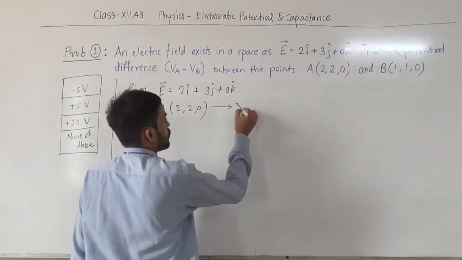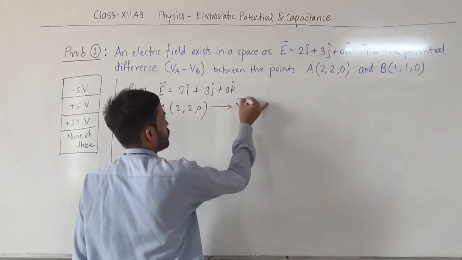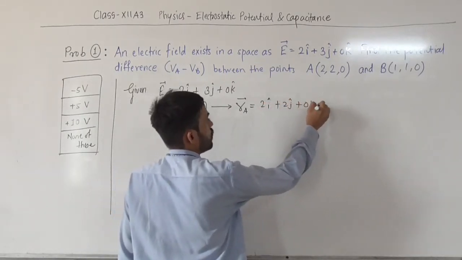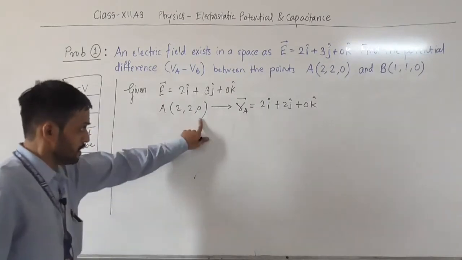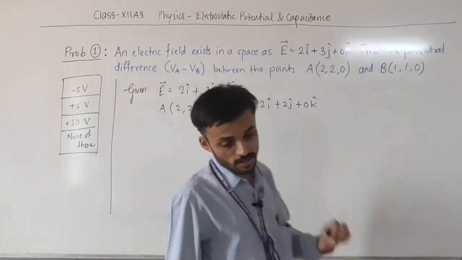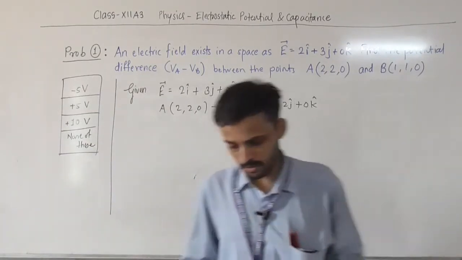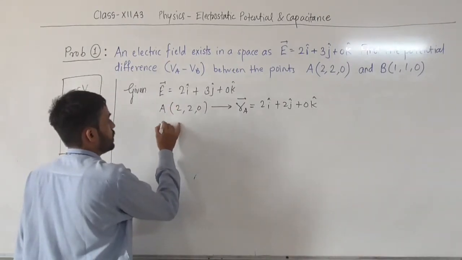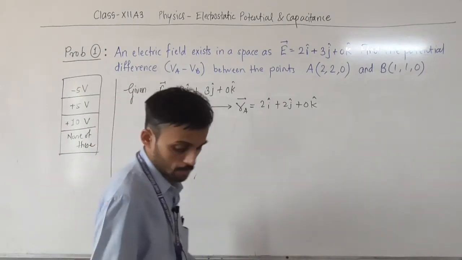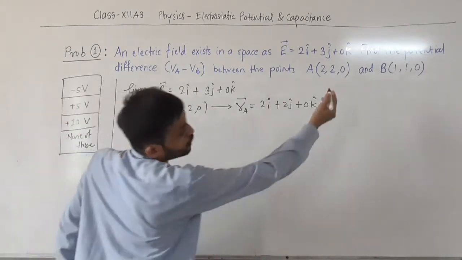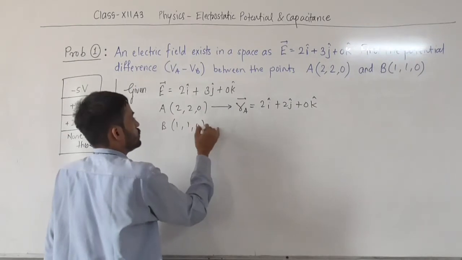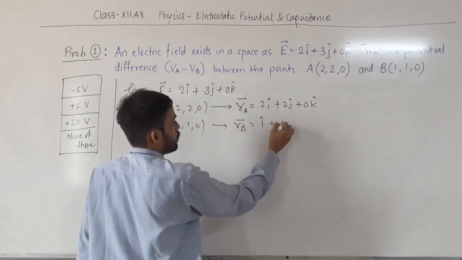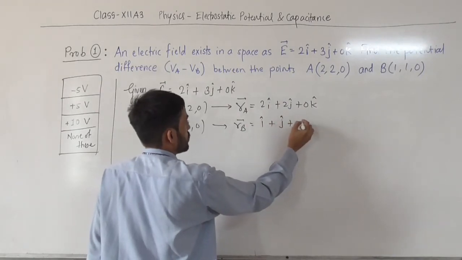It means that what will be RA, position vector of A? 2 i cap plus 2 j cap plus 0 k cap. ये आपको ध्यान में रखना। जब आपको पॉइंट दिया है तो आपको उसका पोजीशन वेक्टर निकालना है। दूसरा, B is given 1, 1, 0. So RB will be 1 i cap, 1 j cap, 0 k cap.